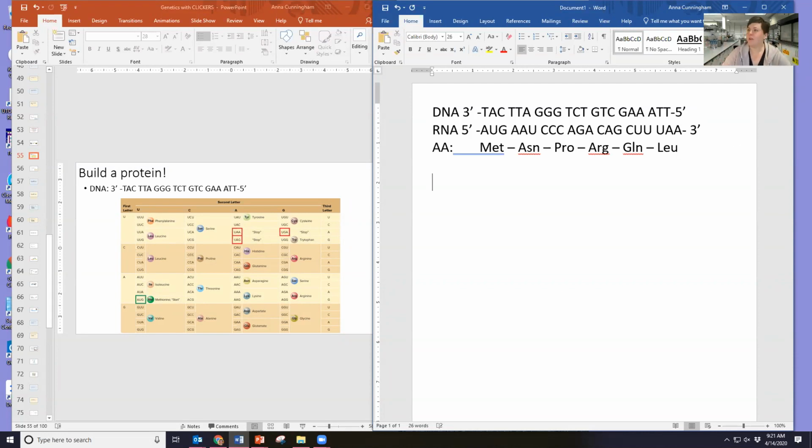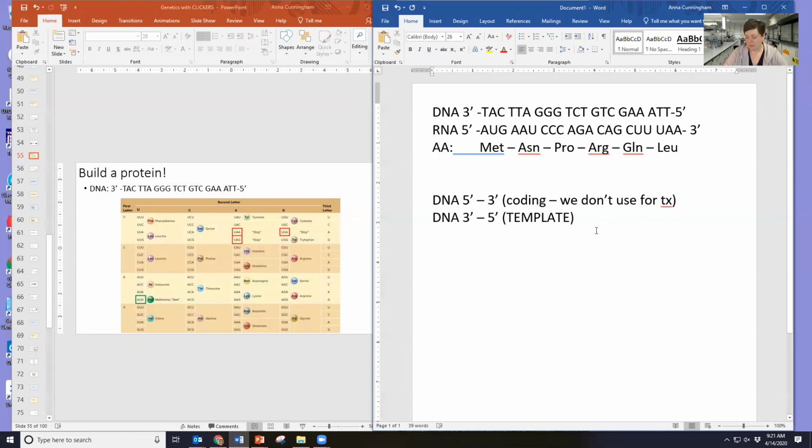Okay, so here's another thing that I want to point out. Let's do another example. If you were given a DNA strand that was in the 5' to 3' direction, the first thing you would need to do is make a complementary DNA strand in the 3' to 5' direction, because that is the template strand. 5' to 3' is our coding strand, which we don't use for transcription.